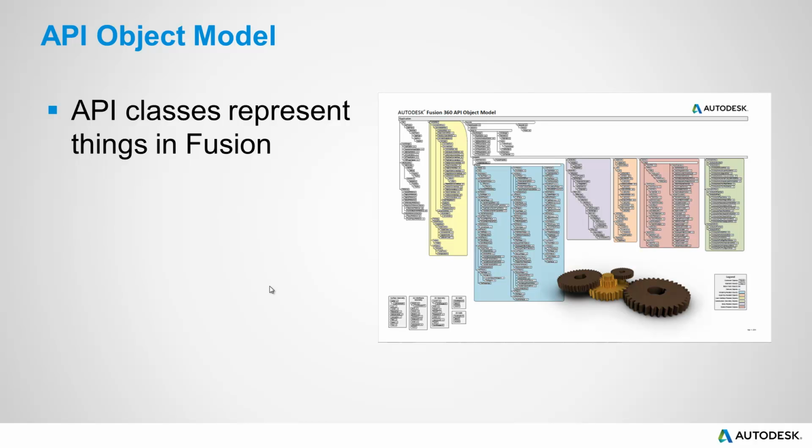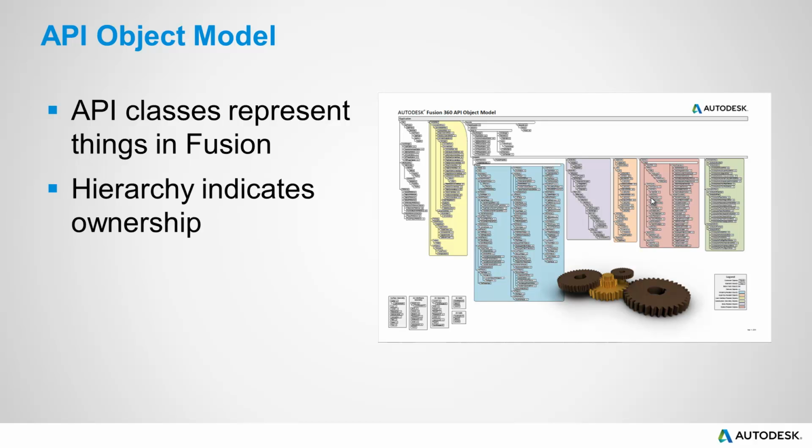So there's a little box in here that says sketch line, and that object represents a line in a sketch inside Fusion. And there's an extrude feature, and that represents an extrude feature. So there's a one-to-one correspondence between a lot of them. Then there are quite a few objects that are API specific only. They help to provide the structure, and some utilities that are useful when working with an API. We'll look at some examples of that in a few minutes.